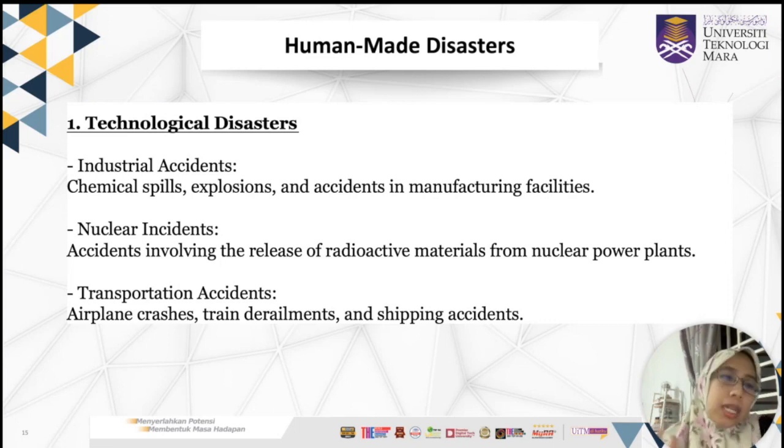Kita mungkin tak adalah sangat, but then I think nuclear incidents ni kalau we read the news, ya, happen dekat Jepun, Japan, Russia, all these countries, they are having problems, especially to release all the radioactive materials from the nuclear plants, right? And then we have transportation accidents, so all these are technological disaster lah.